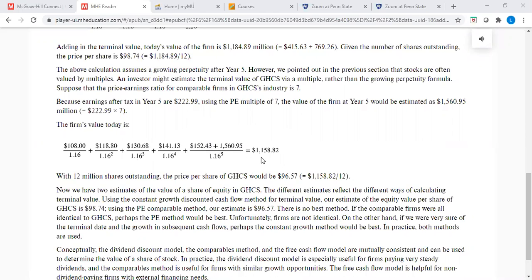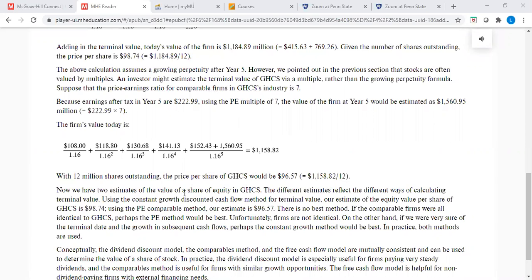So in this method, and bringing it back to present value, I just mean divide it by 1.16 to the 5th power. So in this way of determining the value of the stock today, you would take that total, which is in millions, and divide it by the 12 million shares. And in this instance, you would get very close to what the other method shows, a little bit less, 96.57.